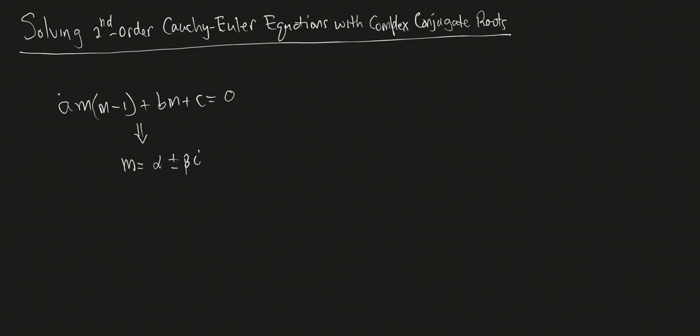Well, remember the whole idea that led us to this auxiliary equation: our educated guess that power functions are the types of functions that would satisfy the Cauchy-Euler equation. So by power function, it's going to be x raised to some power.